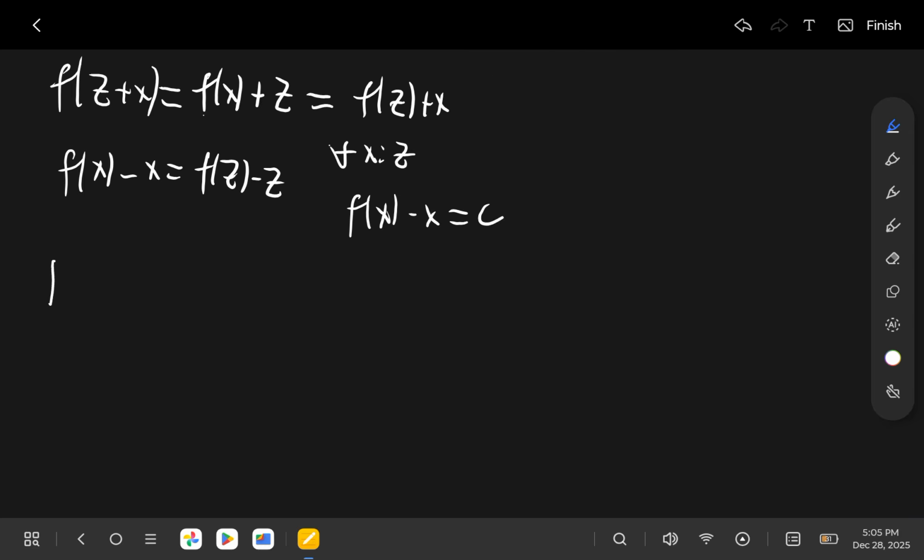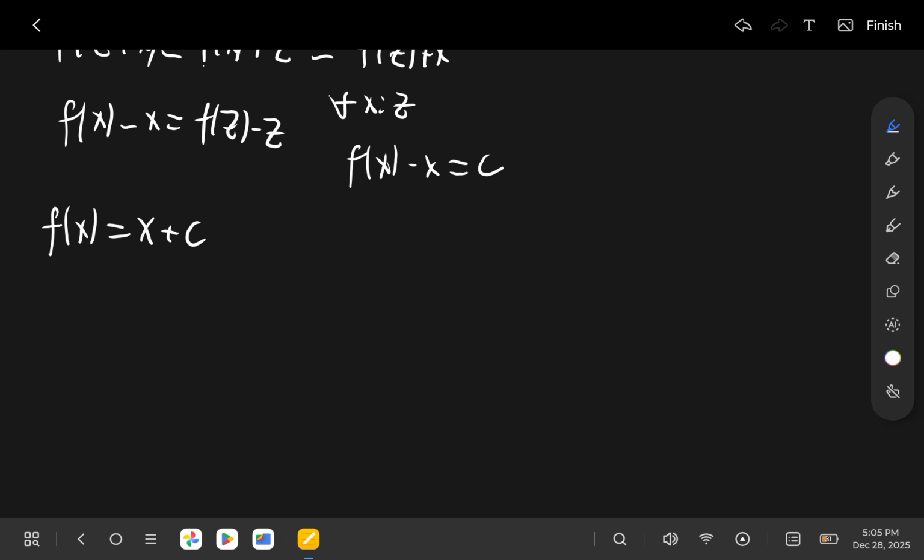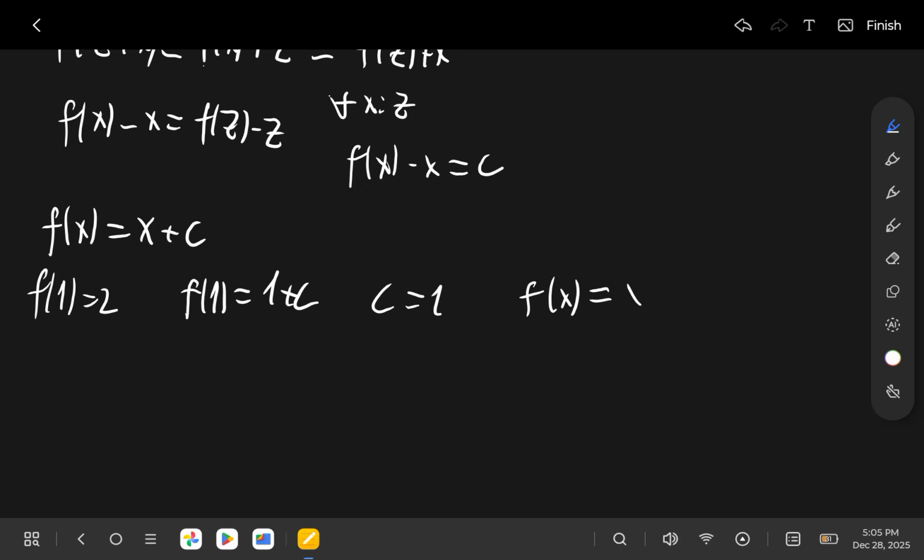Okay, so f(x) equals x + c for some c, and we know that f(1) equals 2, so we get that f(1) equals 1 + c, so we get that c equals 1. So our final answer is f(x) equals x + 1.